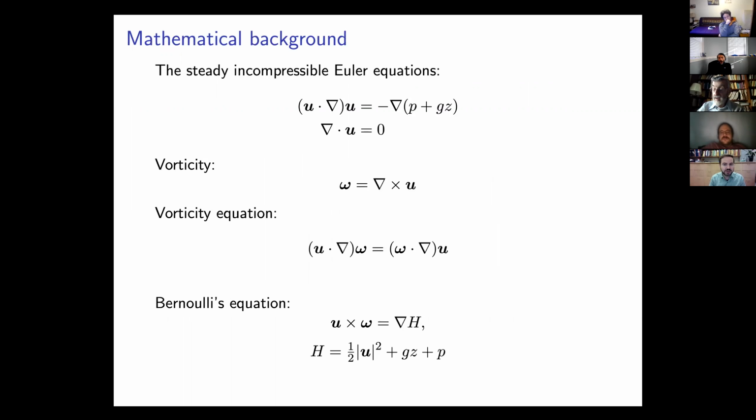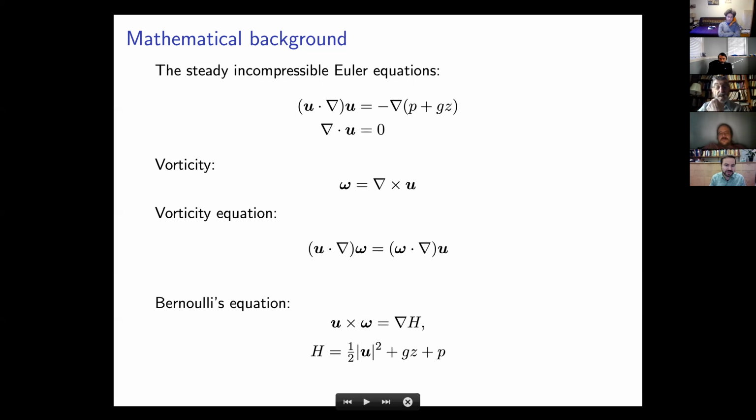In most of the talks so far, we've been in 2D, so you can use the stream function formulation, or in the irrotational case, the velocity potential. But let me say something in general. Vorticity, as you saw already in the title, will be important. The vorticity is defined as the curl of the velocity.